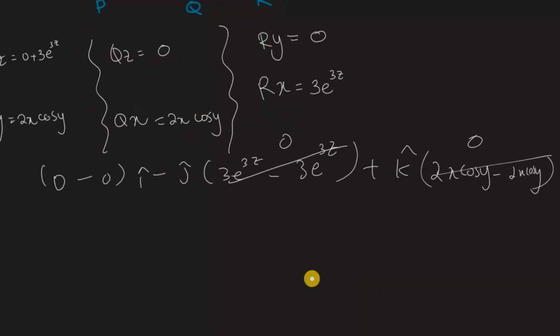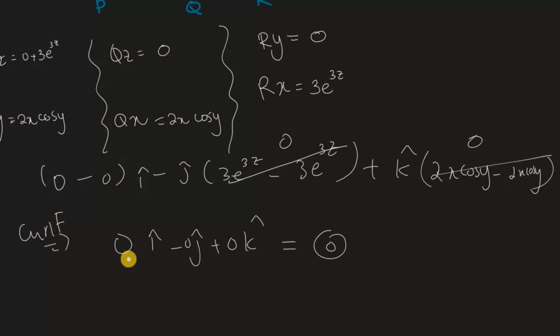That means it's proven that it's 0 i hat, negative 0 j hat, plus 0 k hat. You do need to write this, otherwise you'll lose marks. So you have shown that the curl of F is equal to 0, and it's proven that the vector field is conservative. Thanks for watching. Bye.